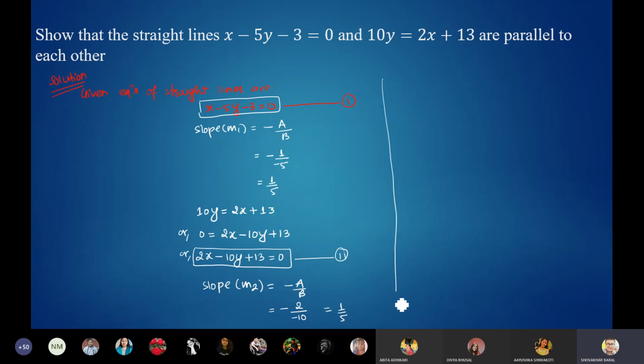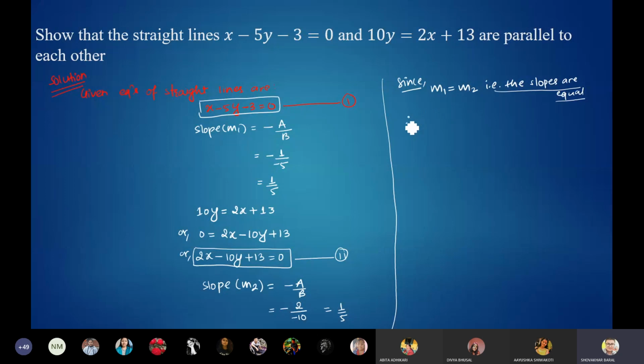So let's write the conclusion. Since m1 is equal to m2, that is the slopes are equal, you may not write this also, can leave this part also.